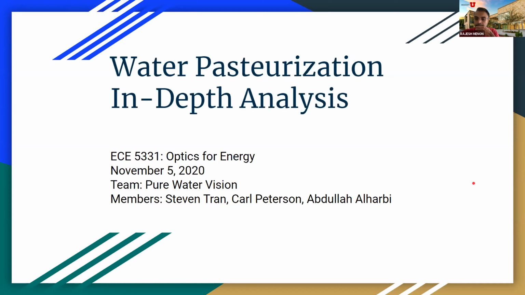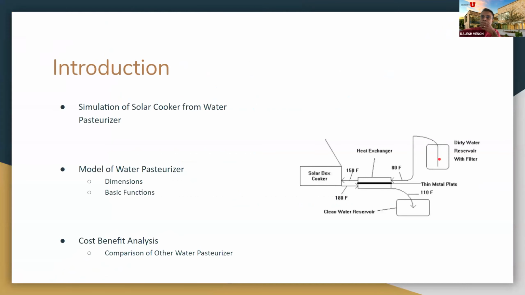We are the Pure Water Vision team, and we'll be going into more analysis on our water pasteurization device. We'll go over the simulation of a solar cooker and how it works in our flow-through device. We'll go through each component, looking at the dimensions and basic functions of each part.